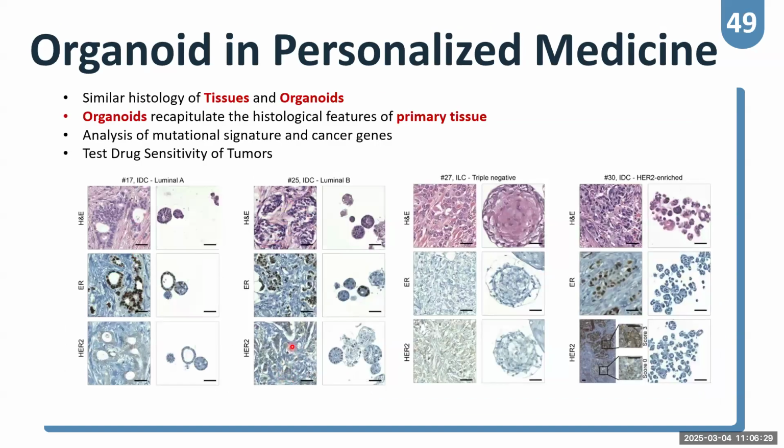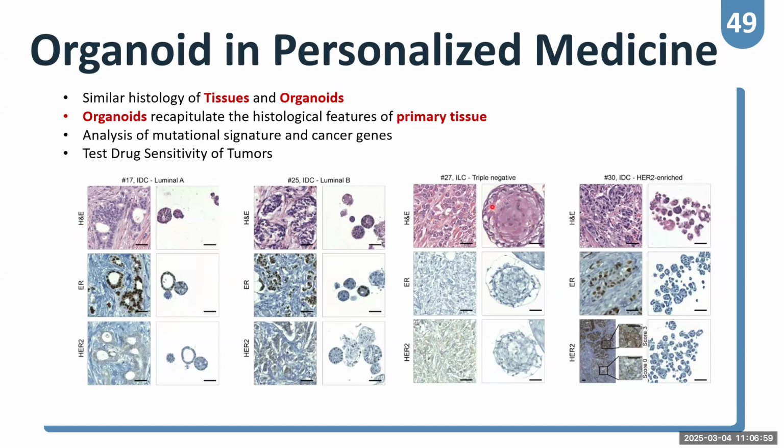And this slide shows that the organoid from each patient carries the structure and also the gene expression profile from the tissue of origin. Okay, you can see the H&E stain mimics the original tumor. You can see here, the structure is quite the same.